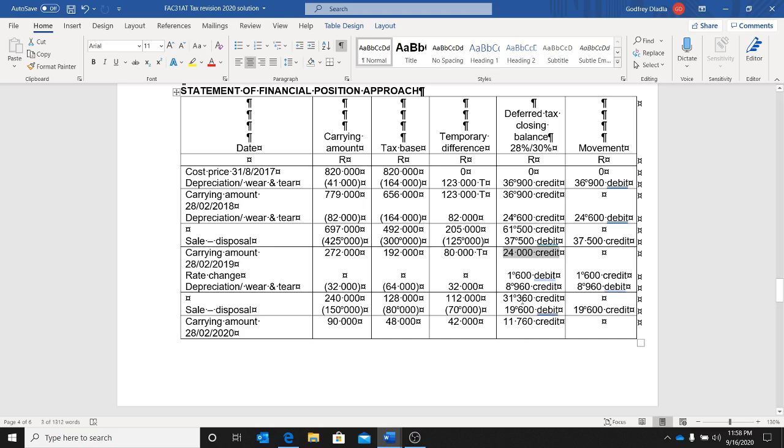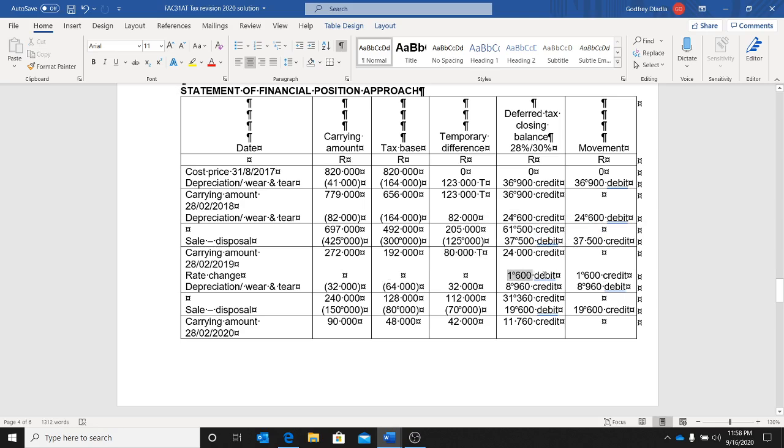It gives me 1.6. You see, that's the movement. I'm going down, and you'll see the 1.6 is a debit. This opening was a credit. If I take the 24 minus 1.6, it gives me that 22, which is what you get if you take this and multiply by 28%. So that is your rate change.